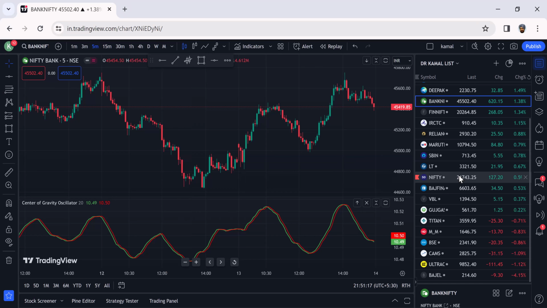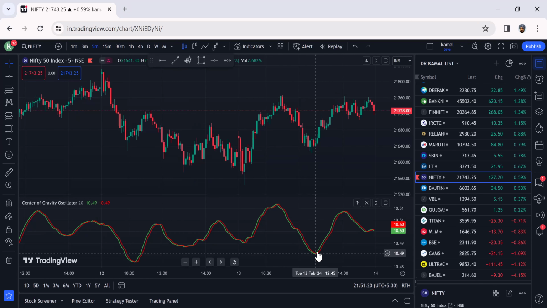Now let's see it on the Nifty. You can see out here, boom. Then again a downward move. The lower the crossover happens, the better. If it happens somewhere around, let's say, 10.48 or 10.47, the chances of it going up are very high.